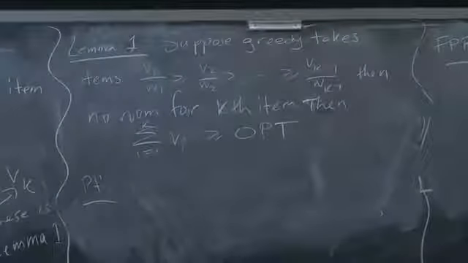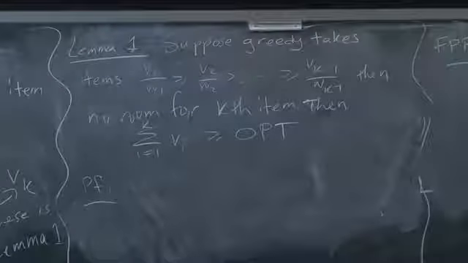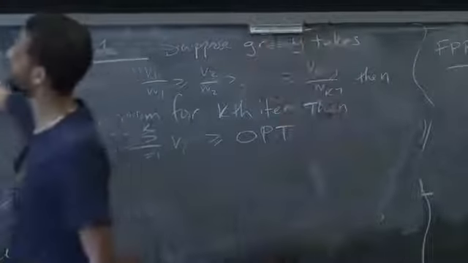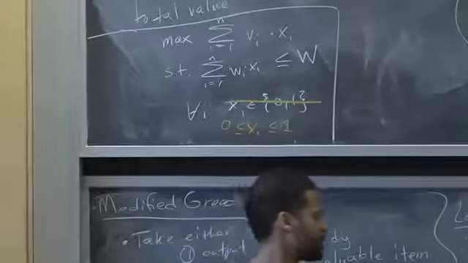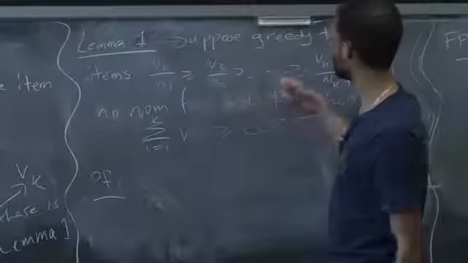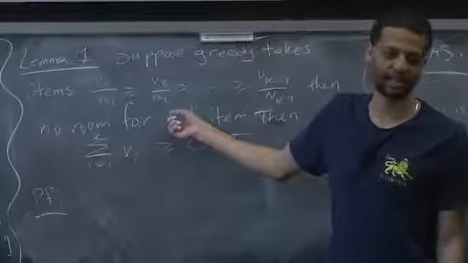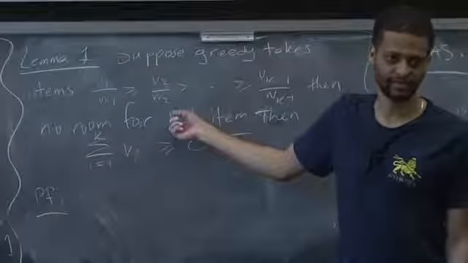The value of the fractional knapsack is the sum of the first k minus 1 items plus a fraction of the last one. Yeah, exactly. So we know what opt is for this thing: it would take the first k minus 1 of these items, and then it would take some fraction that's less than 1 of the last item.